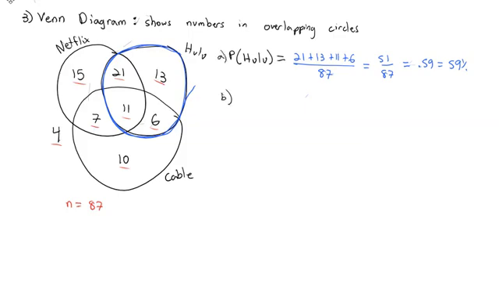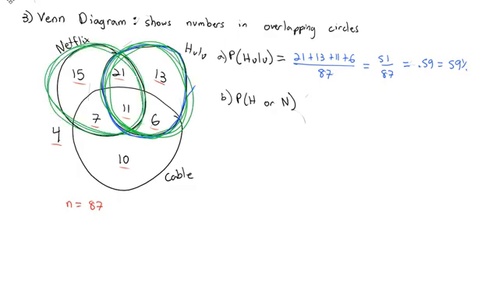But we can also do our compound probabilities using the Venn diagram in a very similar way. Let's find the probability someone subscribes to Hulu, I'm going to use an H for Hulu, or Netflix. Or means you can be in either one or both. So now we're looking at the Hulu circle, but we're also looking at the Netflix circle. Anyone who falls in either of those spaces.